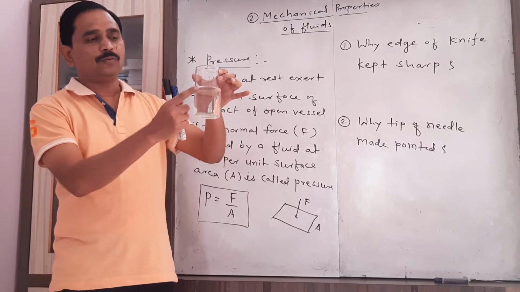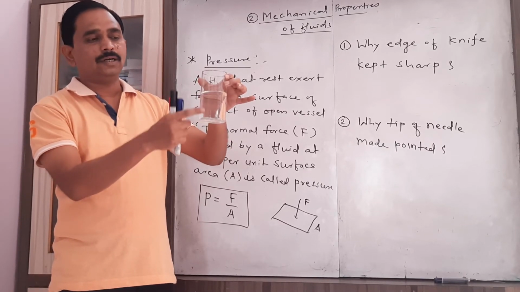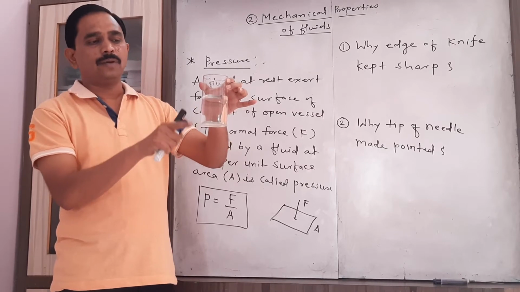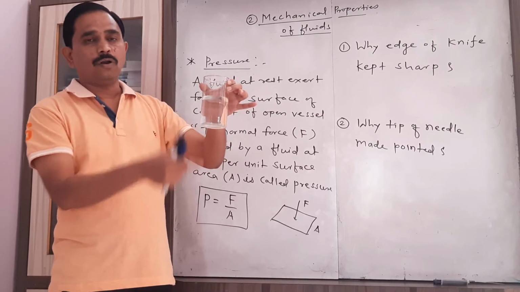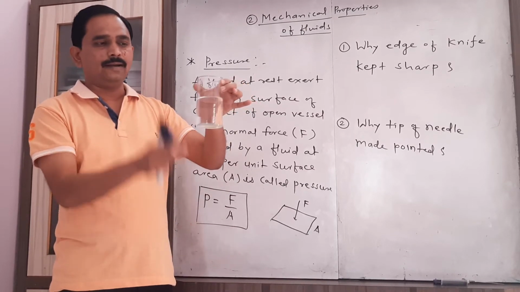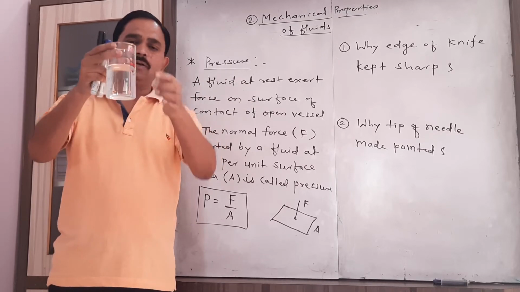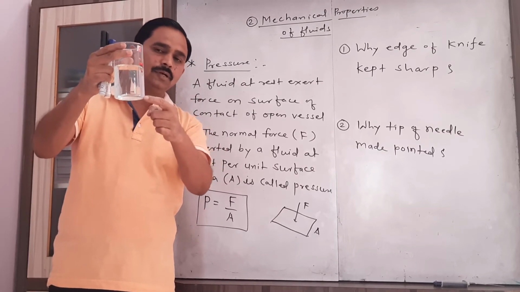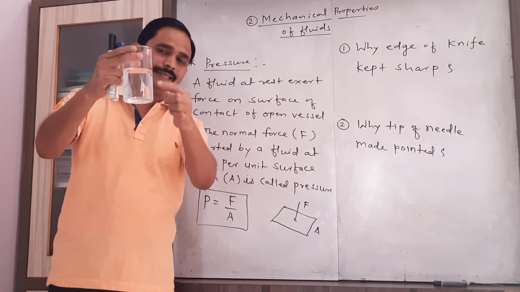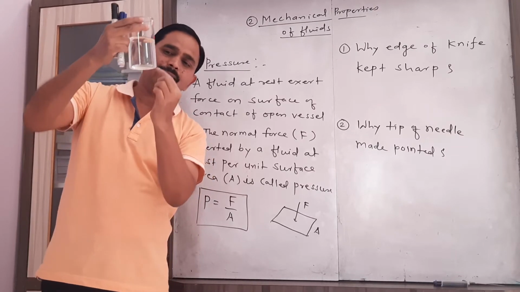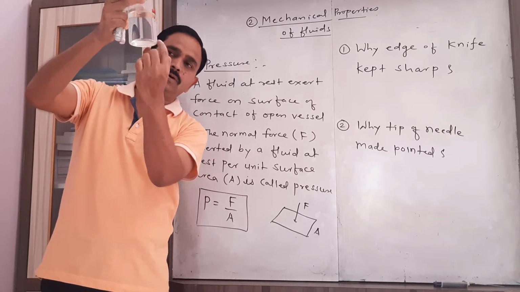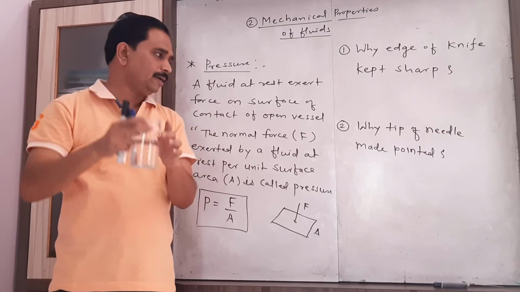So this water exerts force normally on the wall of the glass on this side, then also exerts force on the wall on the other side, and also on the bottom of the glass.